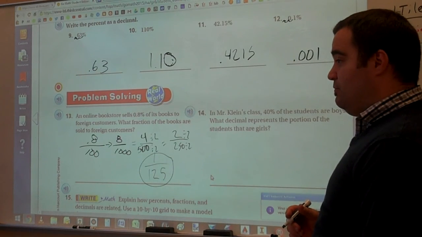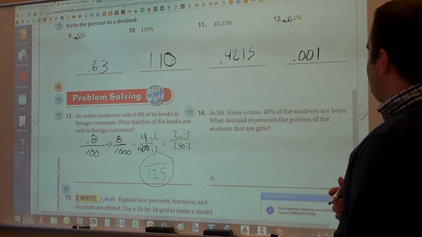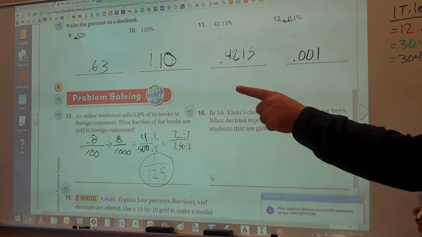Number 14. In Mr. Klein's class, 40% of the students are boys. What decimal represents the portion of the students that are girls?